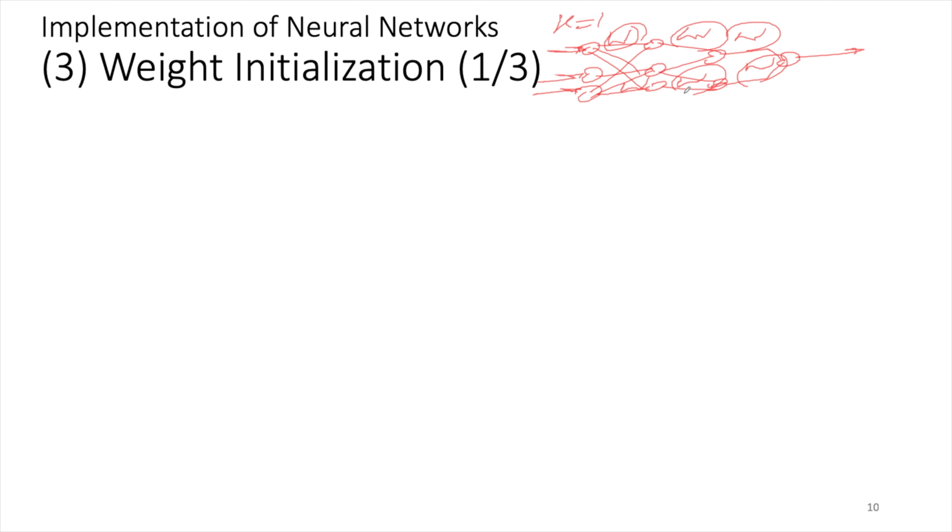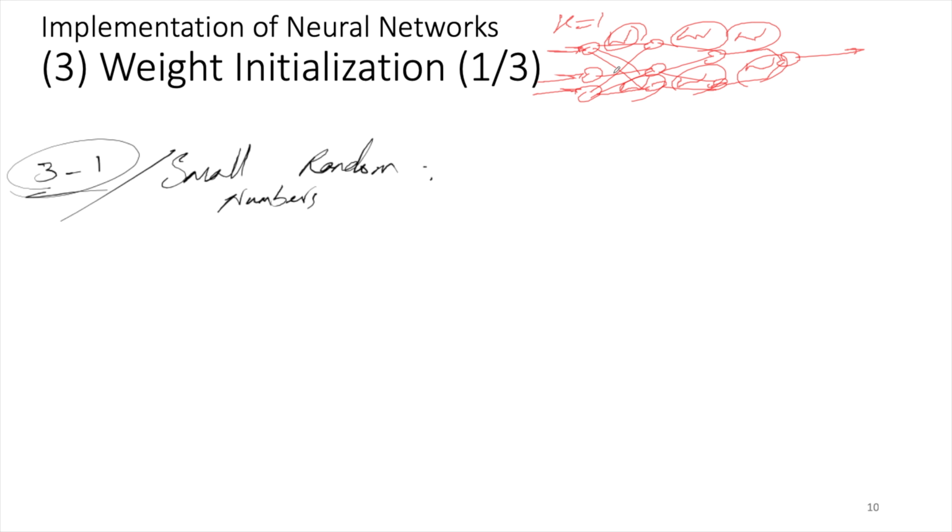There is a huge portion of research targeting this interesting problem, because the way you initialize your weights is definitely going to determine the way you converge. One way would be just to use small random numbers.